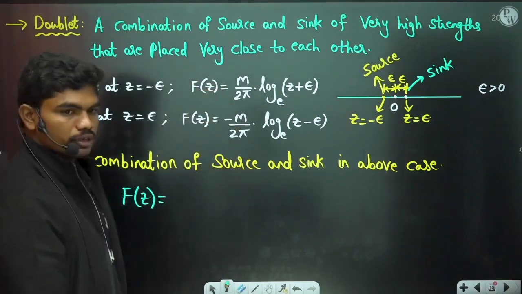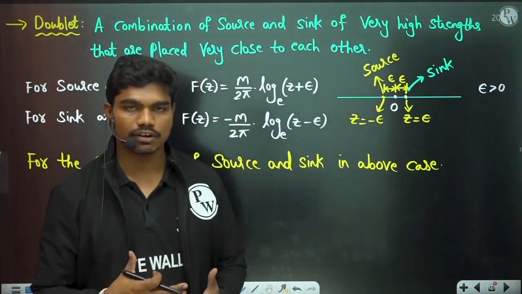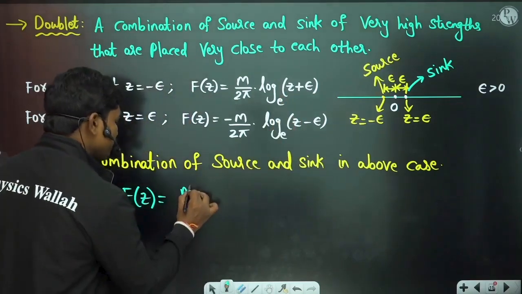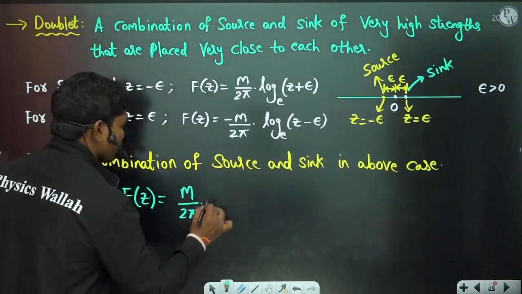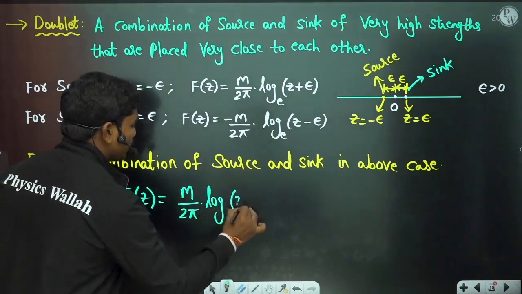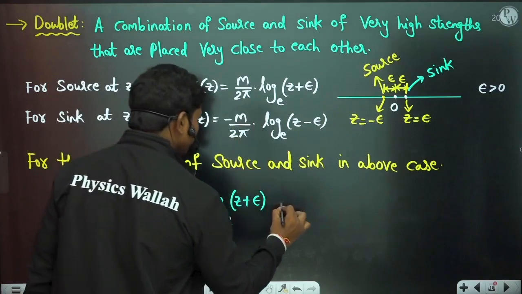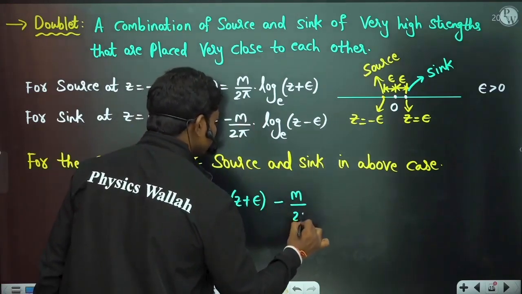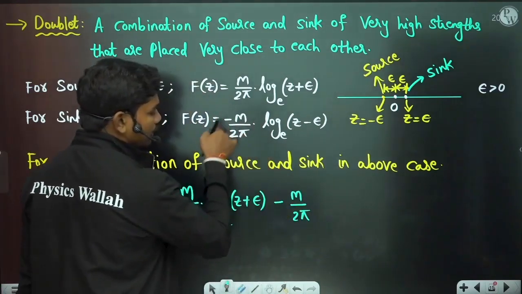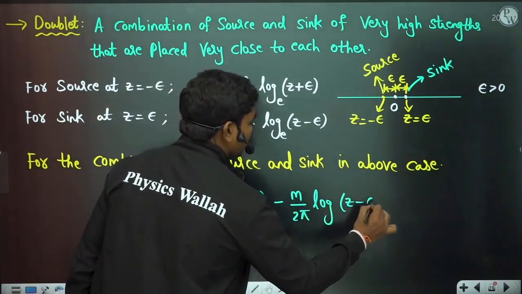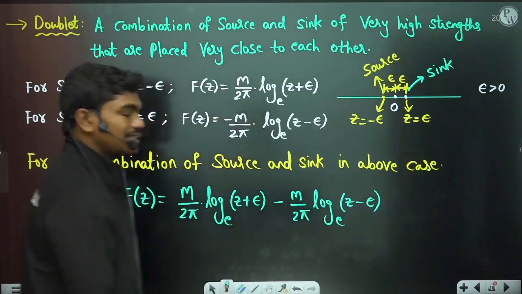This is called superposition. We write that as m by 2 pi log of z plus epsilon to the base e, and adding the minus sign, minus m by 2 pi log of z minus epsilon to the base e.